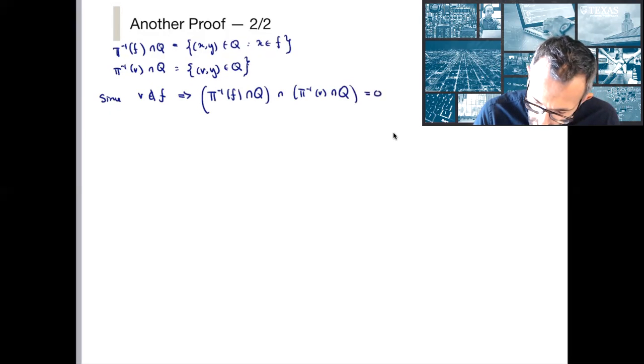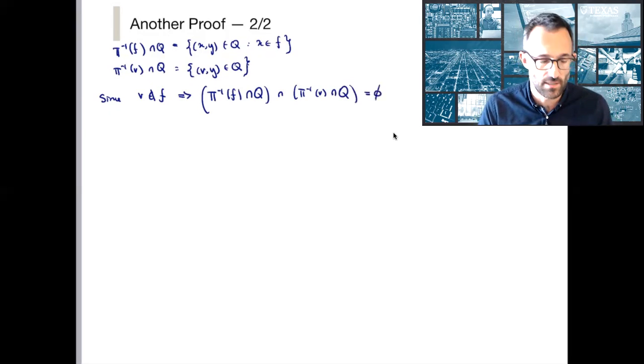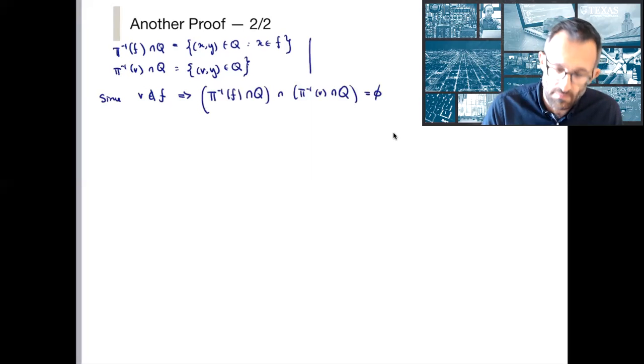So I encourage you to try to parse it. If v is not an element of f, then this is what it means. I've written out those definitions there to help with that.